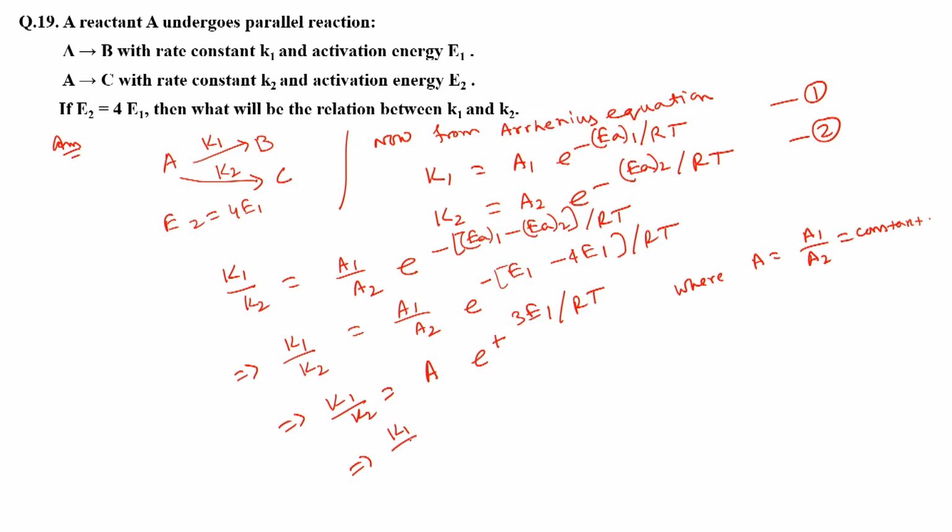So we get K1 is K2 times A e to the 3E1 by RT. So this is the answer.